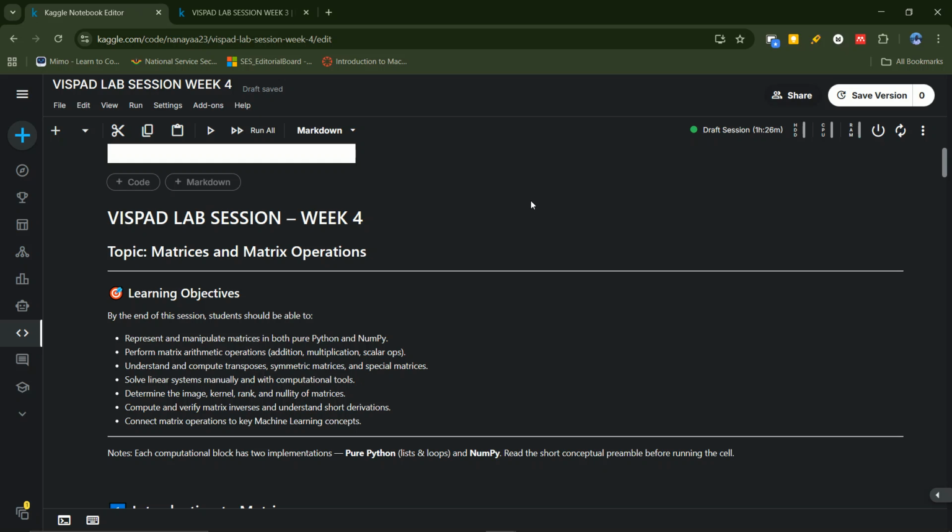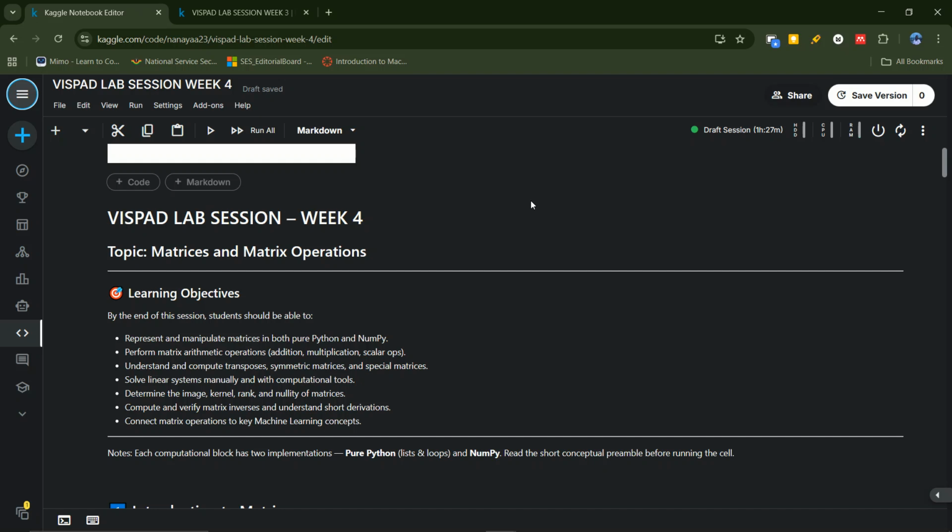So, the week 4 lab session topic is matrices and matrix operations. These are some quick learning objectives. By the end of the session, students should be able to represent and manipulate matrices in Python and NumPy, understand and compute transposes and symmetric matrices, perform matrix arithmetic operations, and determine image, kernel, and rank.